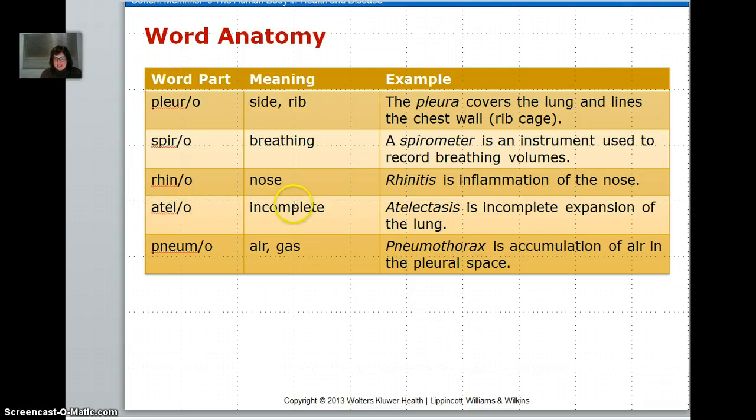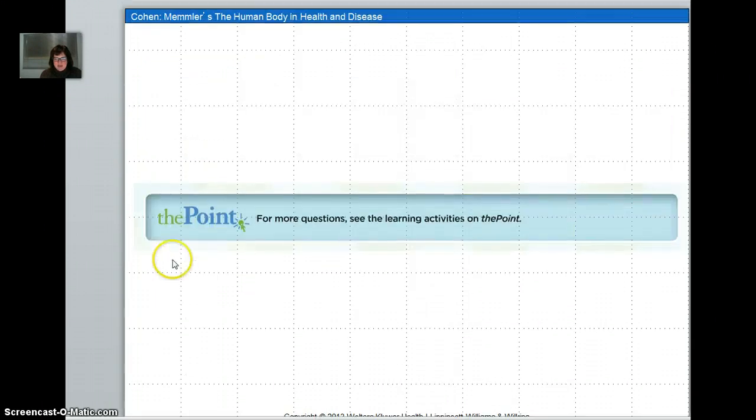Atel is incomplete, and pneumo has to do with gases. So if you have pneumonia, you can't get the air into your lungs properly. Or the pneumothorax is the accumulation of air in the pleural space. And that is chapter 18 for you.